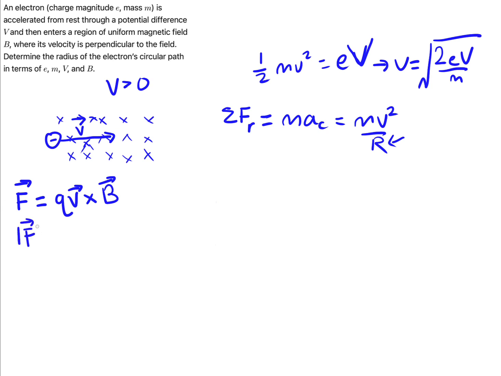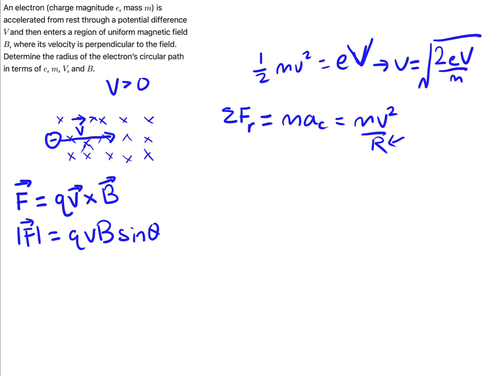We already have the direction, and we don't really care about the direction all that much. We just know it's going to be in a circle, and the force is going to be pointing radially inwards always. So we can just find the magnitude of this. And the magnitude of a cross product is given by the magnitude of the first vector times the magnitude of the second vector times the sine of the angle in between them.